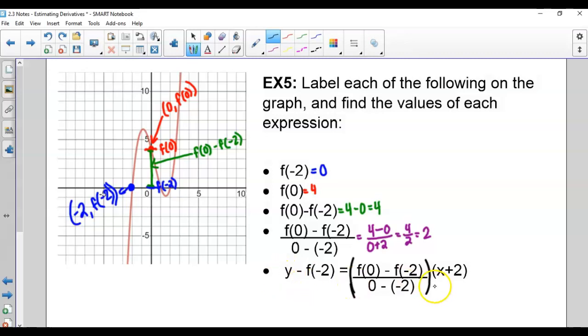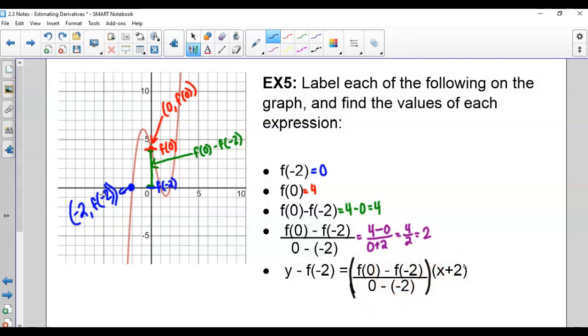So now, if you look at what I've got here, I've got this big, long mess of things here, and I have y minus f of -2 times this slope formula times x plus 2.